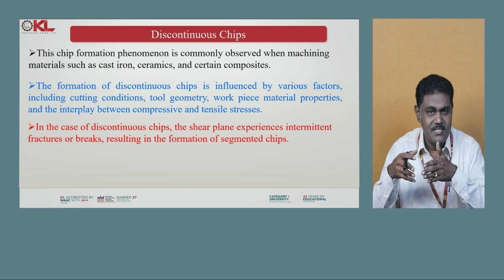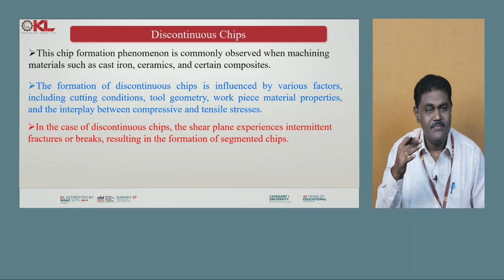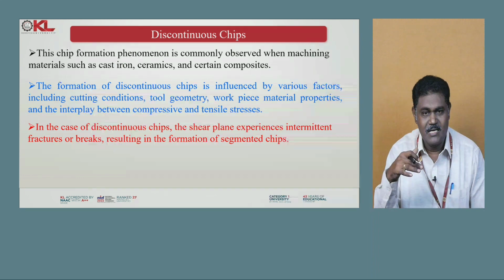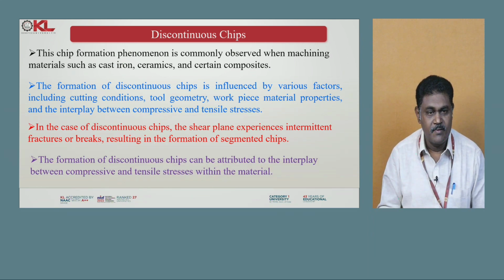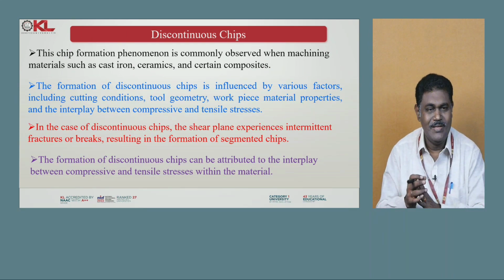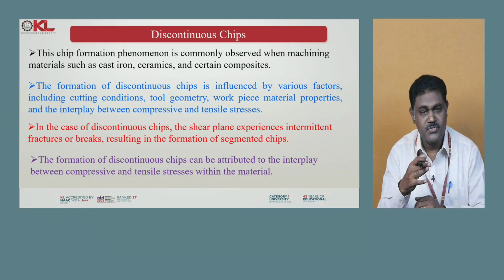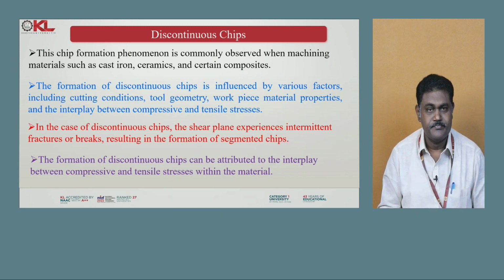In the case of discontinuous chips, the shear plane experiences intermittent fractures or breaks, resulting in the formation of segmented chips. The formation of discontinuous chips can be attributed to the interplay between compressive and tensile stresses within the material.